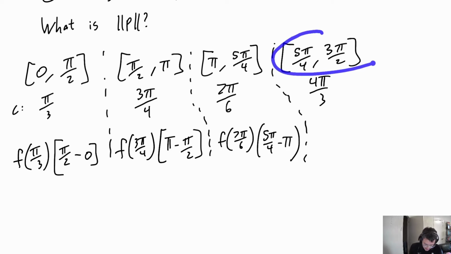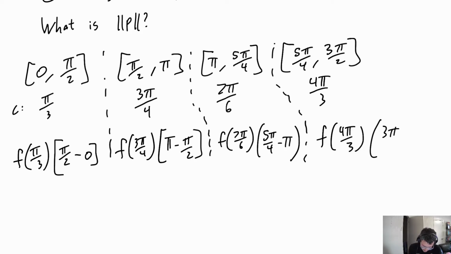And then lastly, this subinterval and this sample point gives us another rectangle with height f of 4 pi over 3 and length 3 pi over 2 minus 5 pi over 4. Okay, and now we can compute these easily enough.